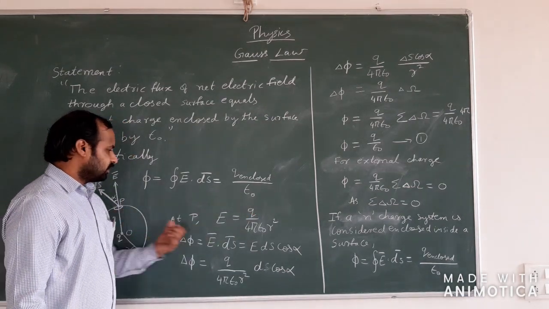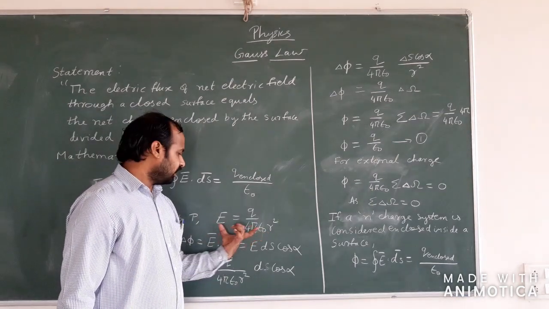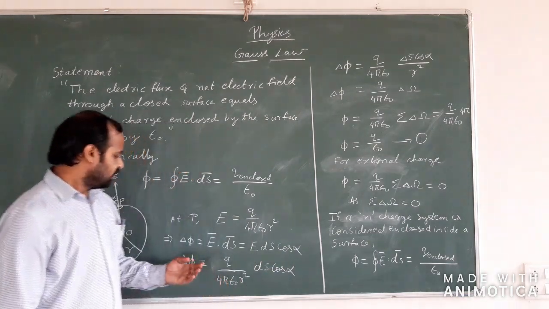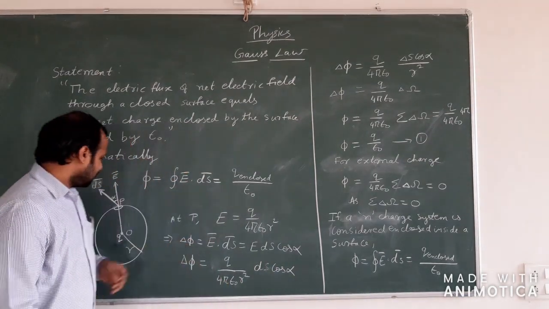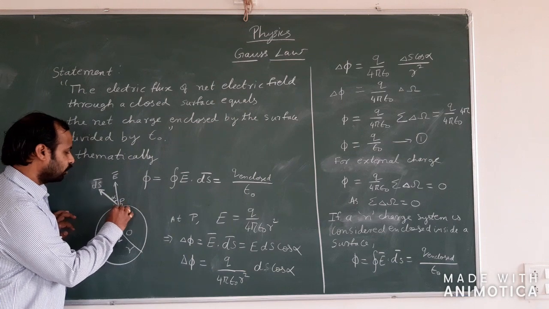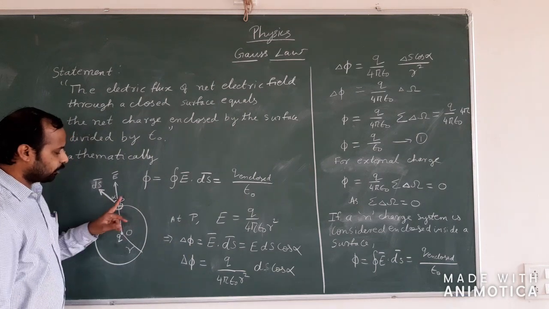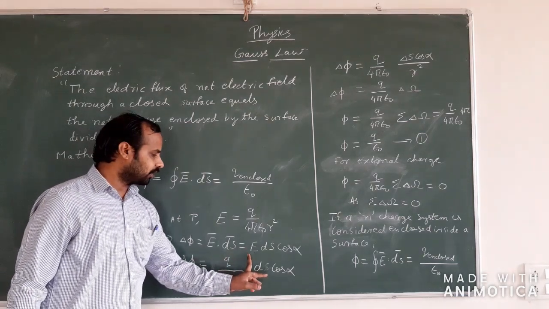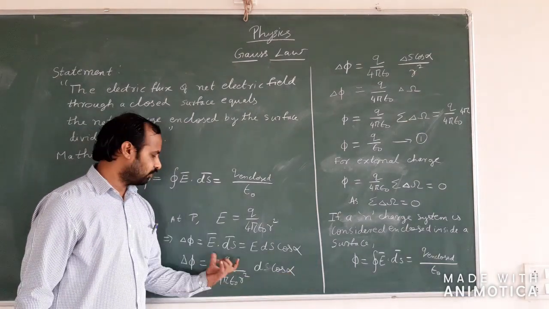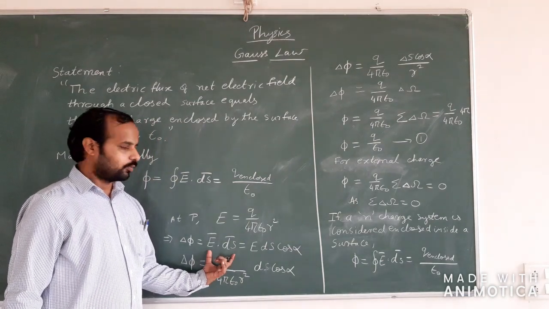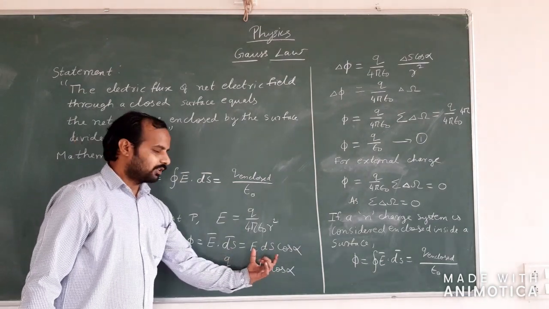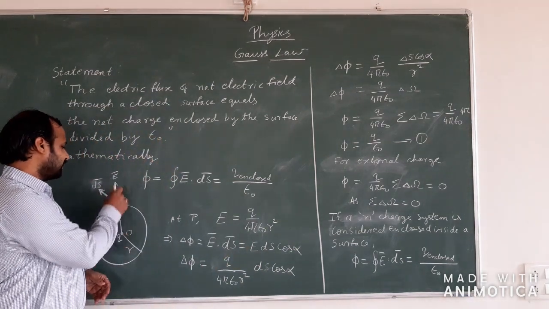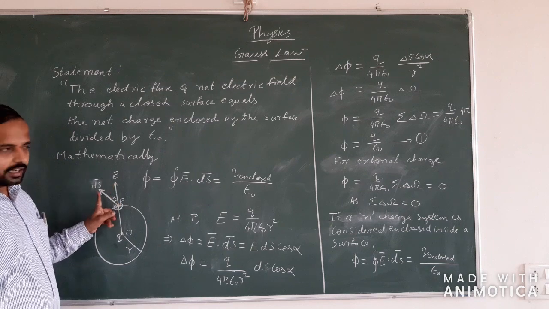At point P, the electric field intensity is q by 4 pi epsilon naught r square. Then a small amount of flux coming out of this small area at point P is delta phi equals E bar dot ds bar equals E ds cos alpha. We know that A bar dot B bar equals AB cos alpha from the dot product, and here E bar and ds bar are inclined at an angle alpha.